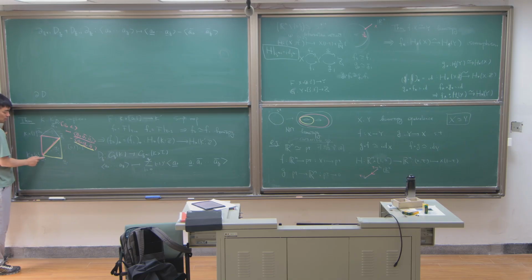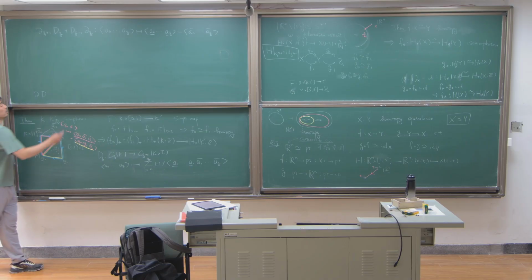A1, A0, A1, A1 bar. So if you take the boundary, they cancel in the middle, and what's left is literally these two, the boundary of the rectangle.